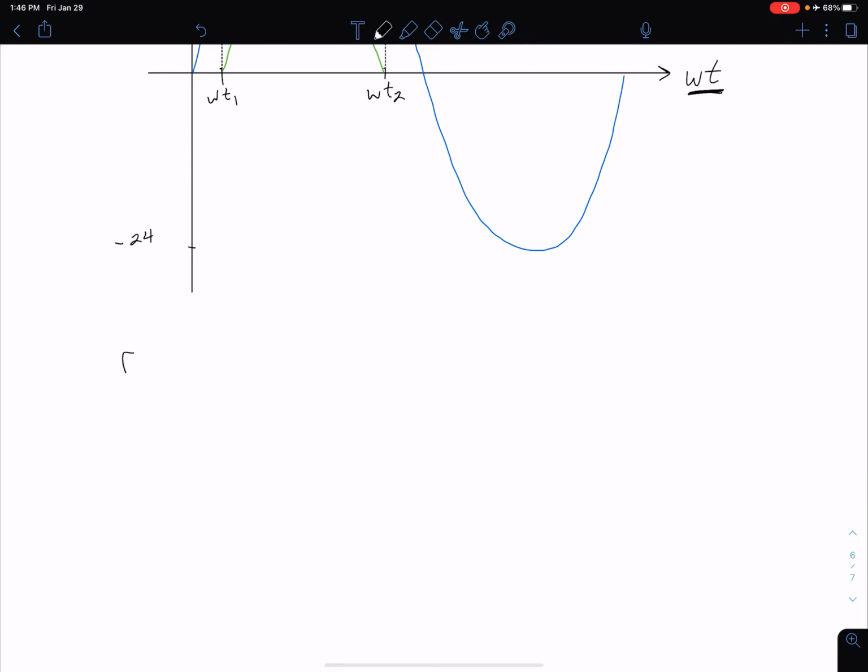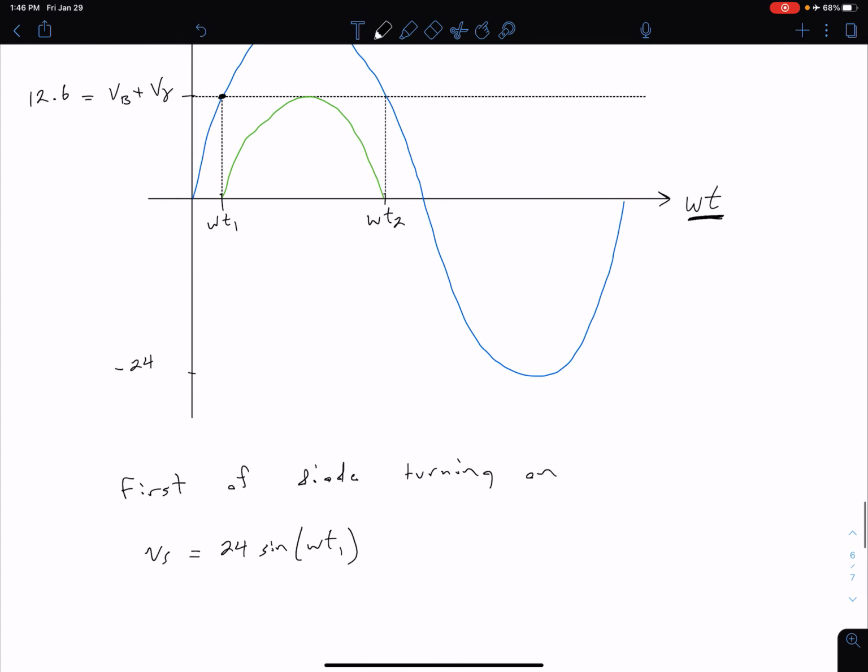So we can say the first instance of diode turning on is when we have Vs equals 24 sine of omega t1. And so we know that's going to occur when that whole thing is equal to 12.6.